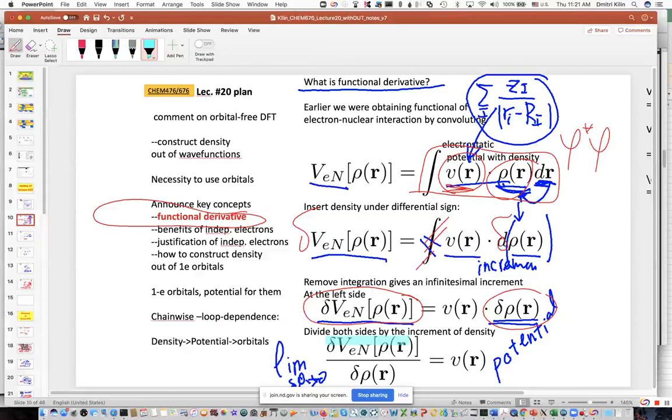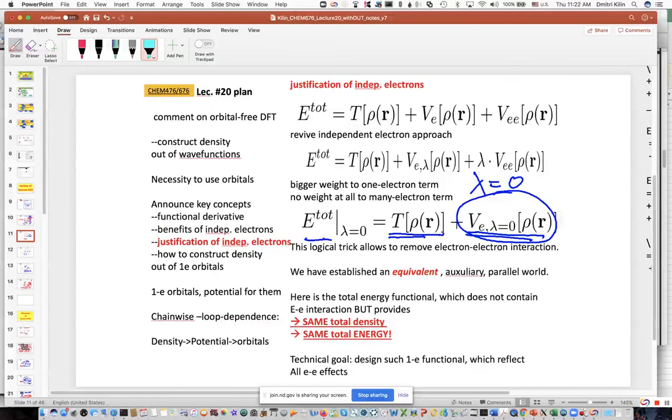If you make a fraction of these two things, the external potential and density, then it reproduces the potential. So with this functional derivative, we are almost ready to set up an iterative calculation in the same way as we did in Hartree-Fock. But there is a missing part: density, that we will start from when I finish the review.